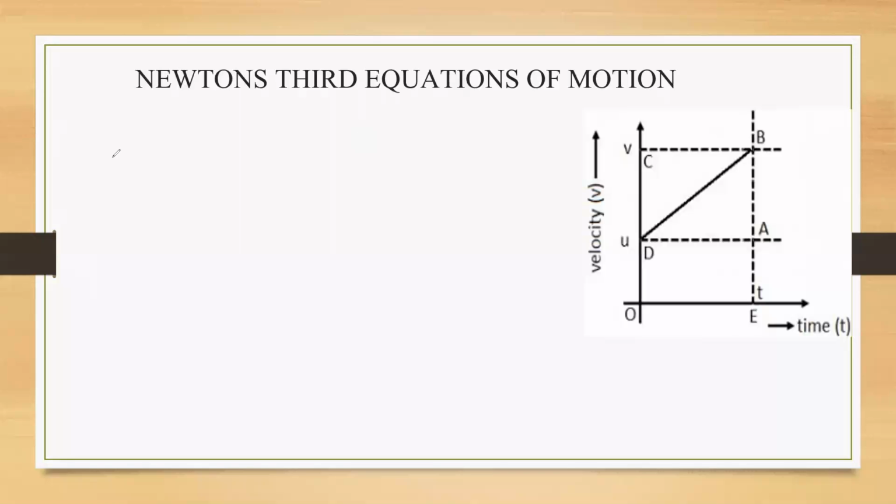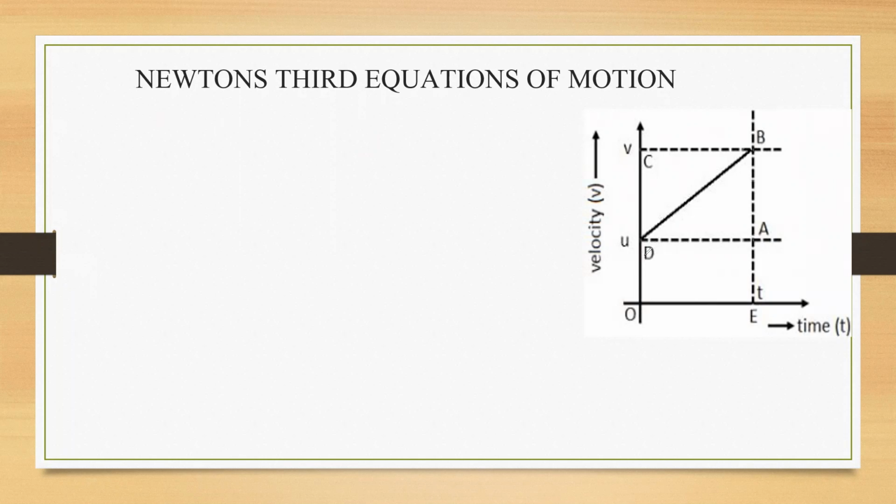Now let us derive Newton's third equation of motion. Newton's third equation of motion gives the relationship between displacement and velocity. We know that the distance covered by the object will be equal to the area under the graph.